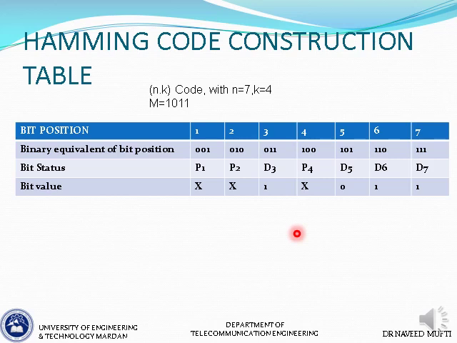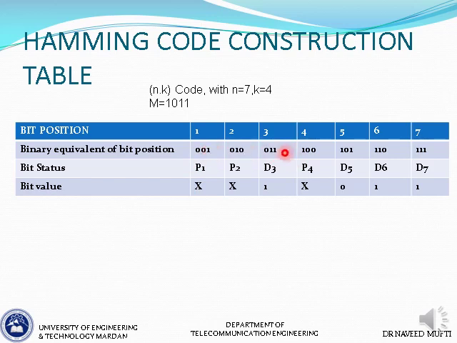Now parity bit 1. The value calculation of parity bit 1 will involve all the bit positions whose least significant bit in binary representation is 1. If you look at these bit positions, this is the least significant bit.